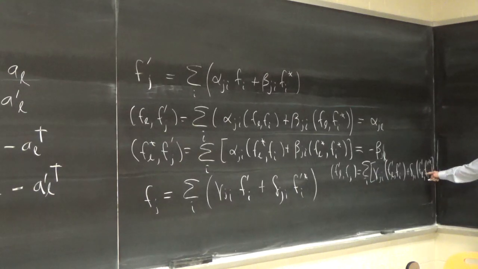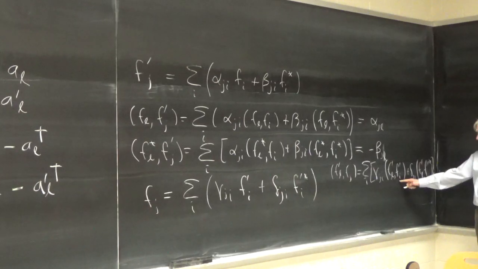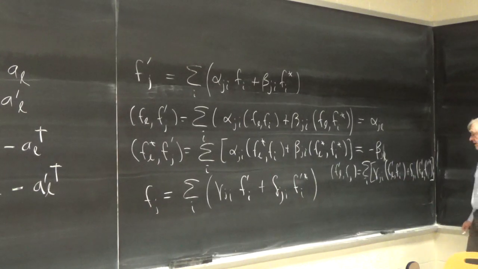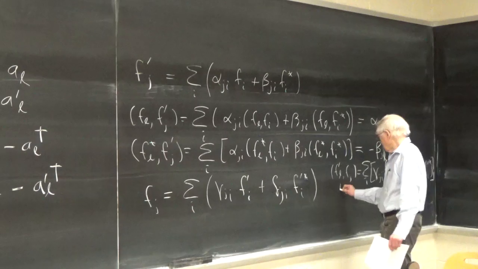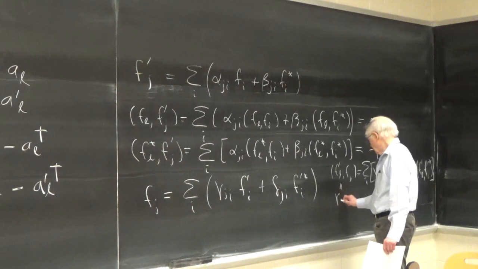And this one's 0. This one is delta Li, and so this is equal to gamma_jL.